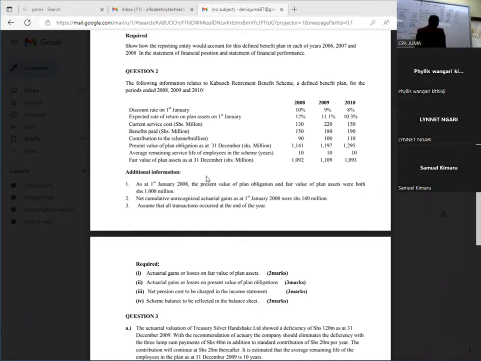What were evening? 76. Actuarial gain loss. Then you get present value carried down.